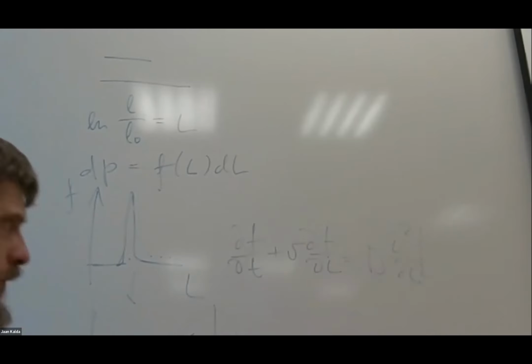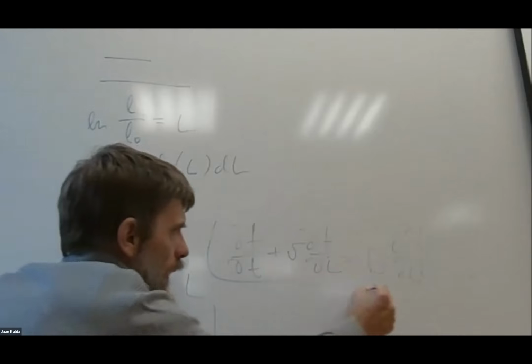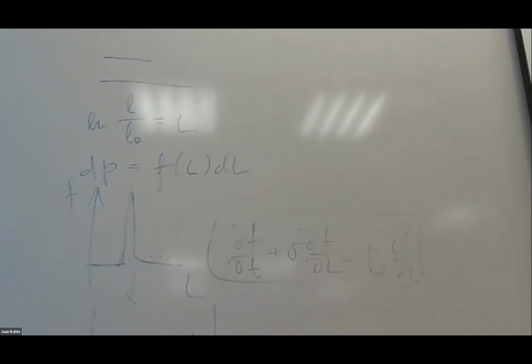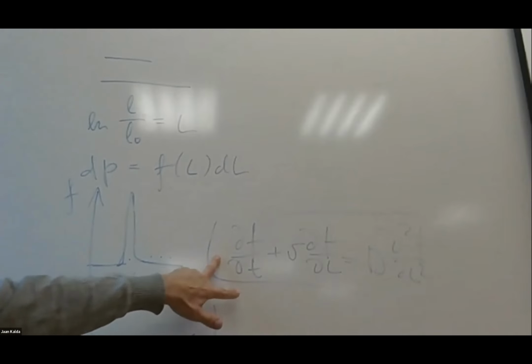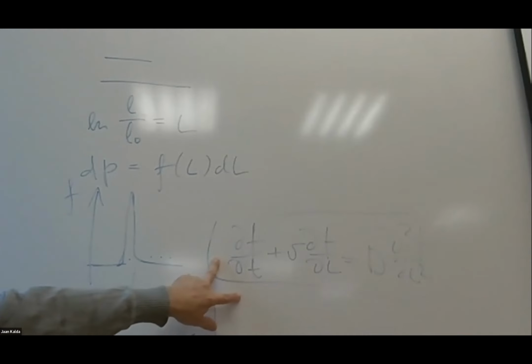And so we have this equation here, which describes the probability distribution function of the length. It is only approximate if we have a considerable correlation length for the velocity field. Now, why are we so much interested in this probability distribution function of the lengths of material elements?